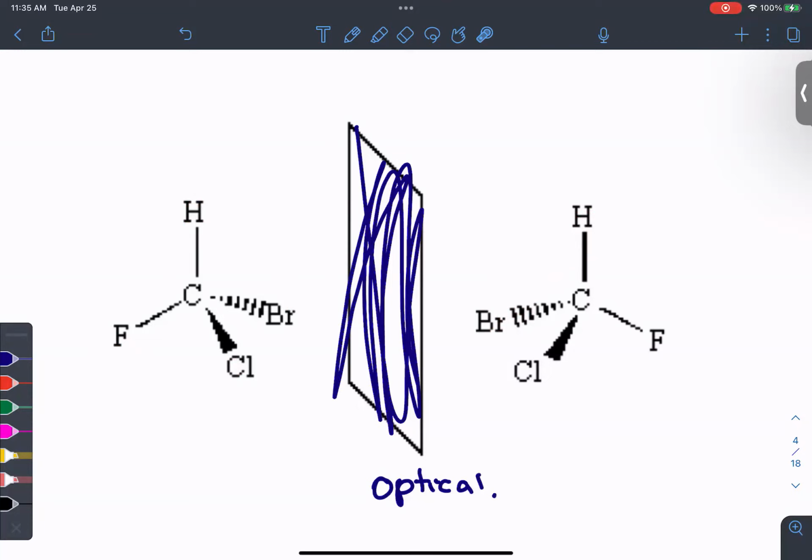Who's taking organic next year? Pretty much everyone, yes. So carbon, when it has 4 bonds, coordination number 4, it's a tetrahedron. Carbon is unique in that if a carbon atom has 4 unique bonds, we call it chiral.